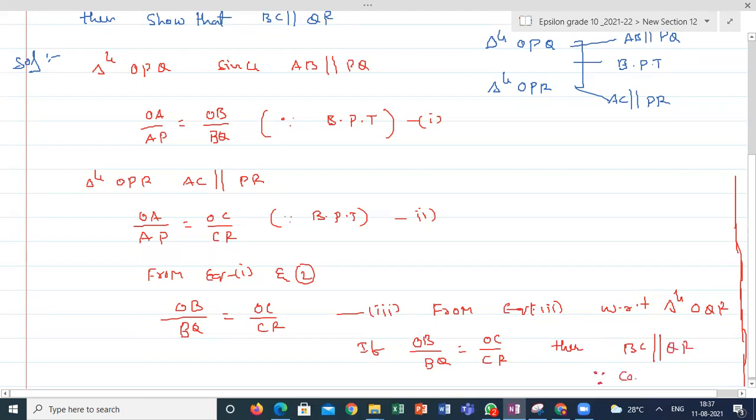The reason is the converse of the basic proportionality theorem.